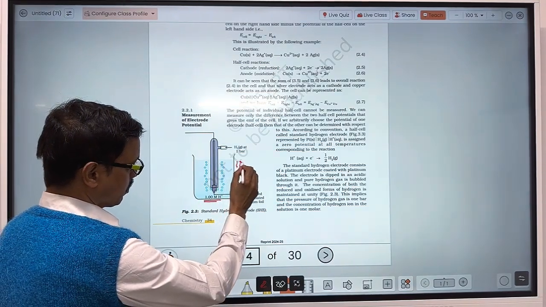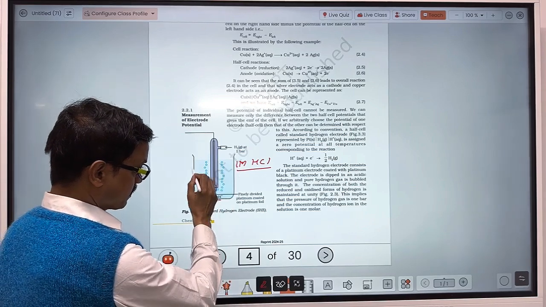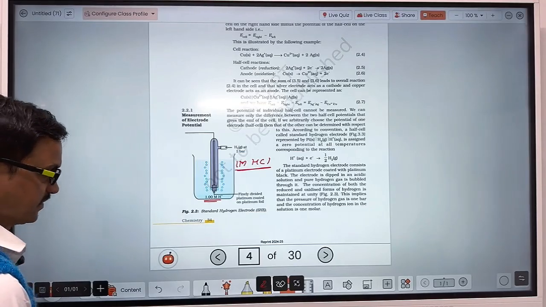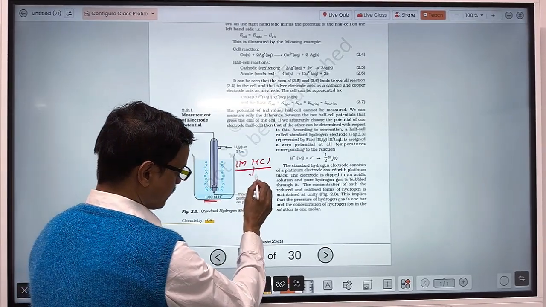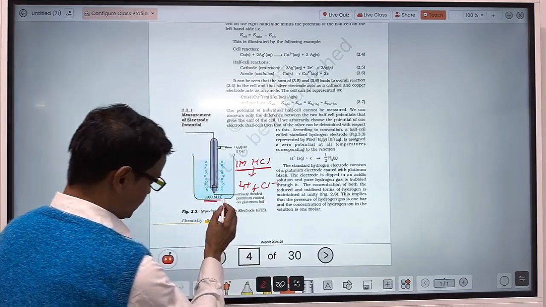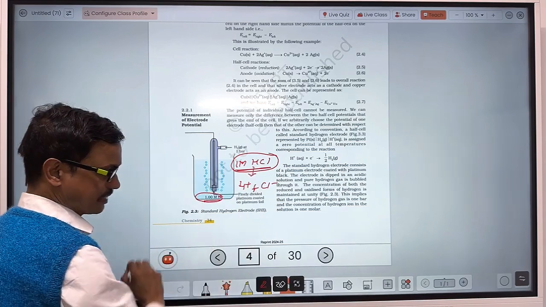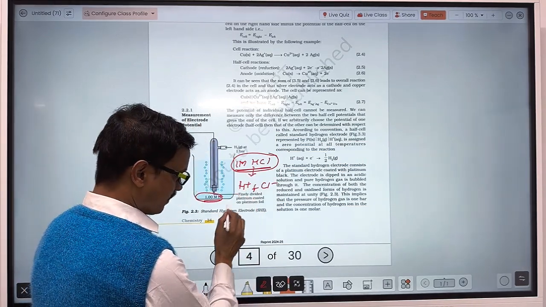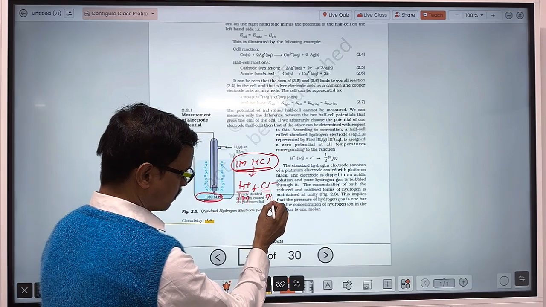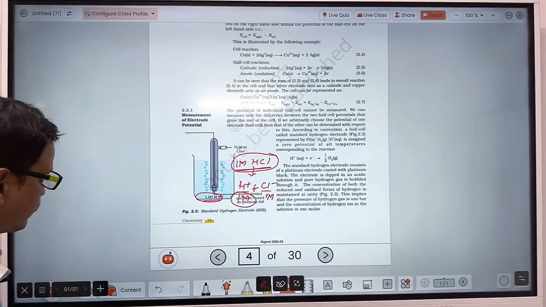HCl will dissociate into H plus and Cl minus. So when you take 1 molar HCl solution, the concentration of H plus ion will also be 1 molar, and that of Cl minus will also be 1 molar. We will have to consider H plus.